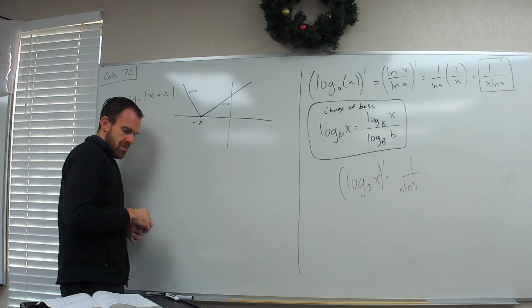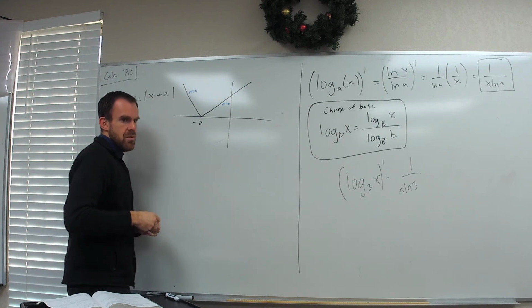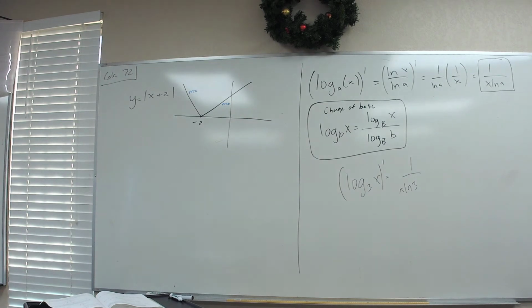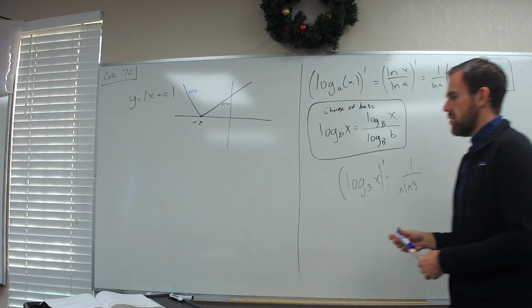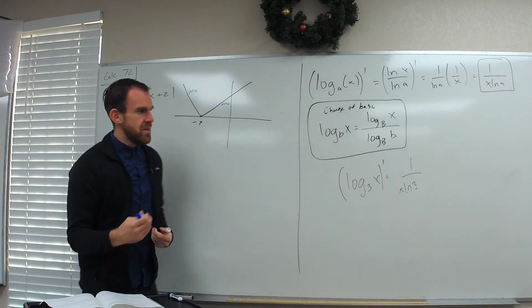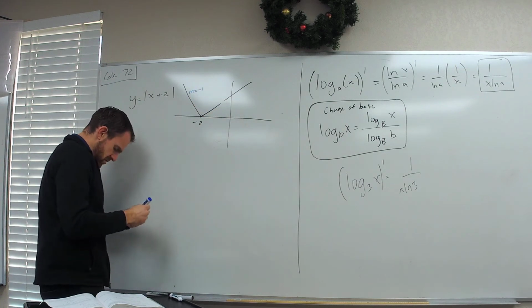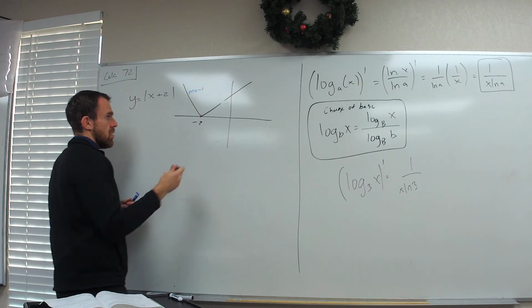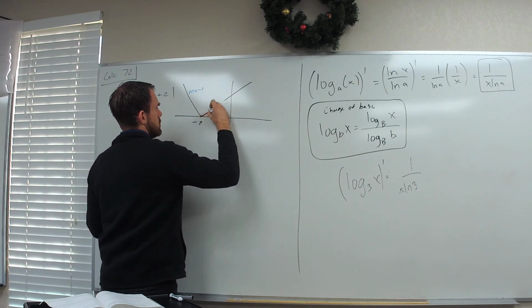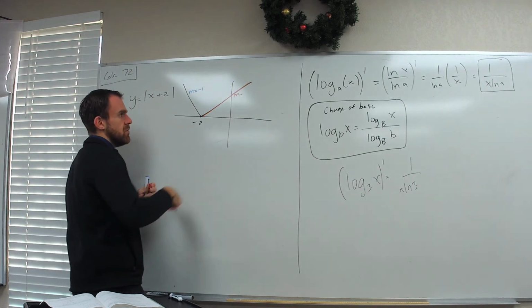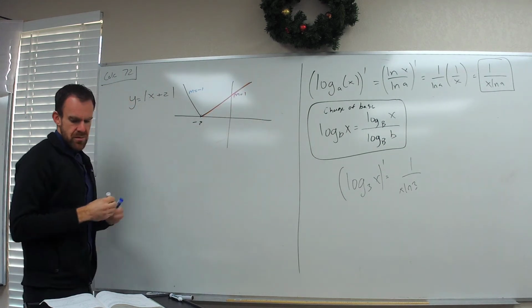Just a number. -1, because the absolute value of x just points down. So for this part, the slope is -1. For this part, the slope is what? 1.